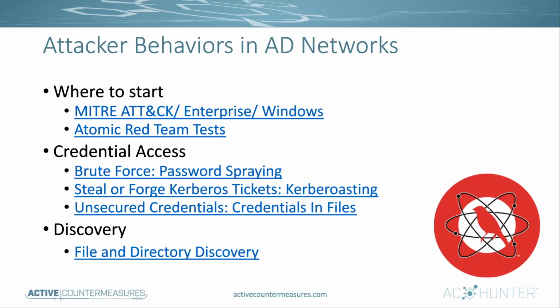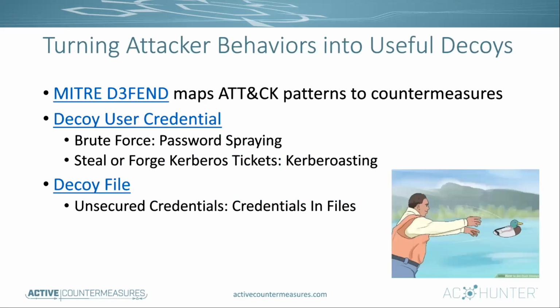And then finally, we have file and directory discovery that's really just related to finding credentials and files, and the same techniques that we use in order to create honey token files, we can use to detect that technique as well.